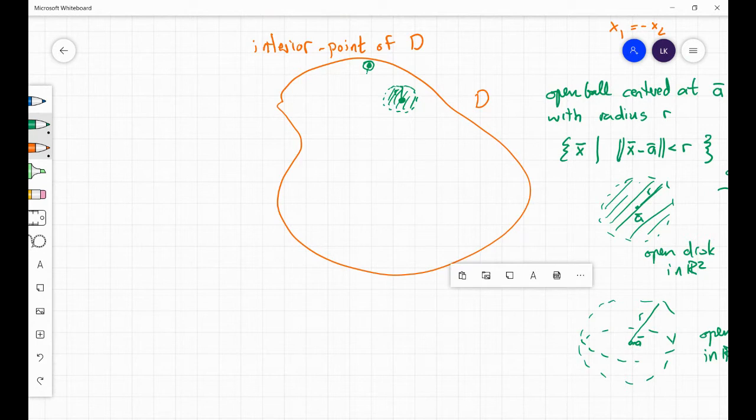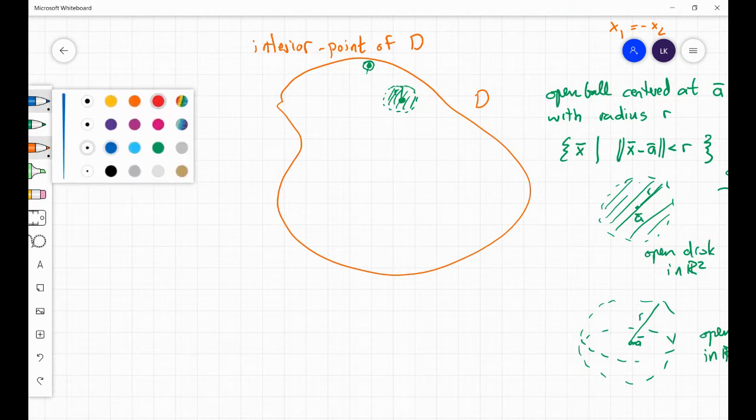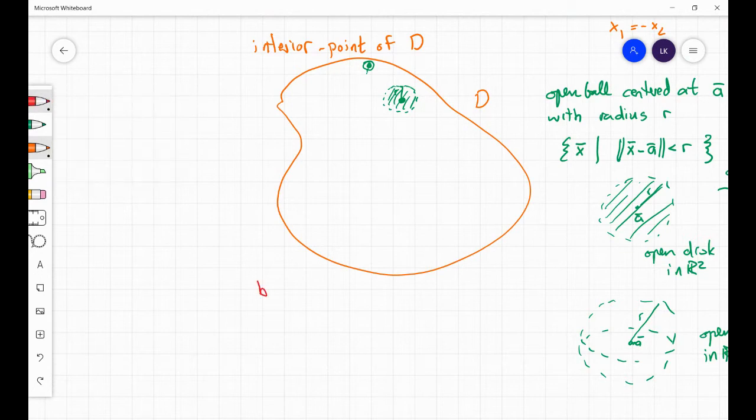So what is a boundary point then? It's pretty much the same definition, but it must contain points that are not in the set and also in the set. Yeah, that's right.